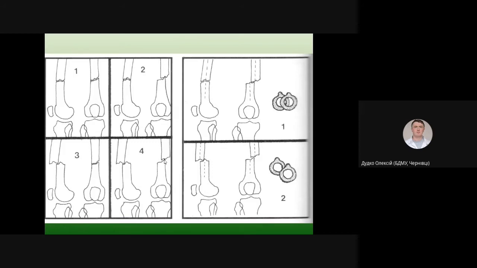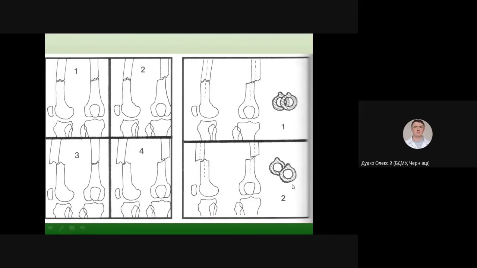As we understand, when we are talking about fractures that are displaced, we should put these bone fragments in their normal place. Then we can consider that the fracture will heal better. On the right part of the picture, we also have two types of displacement. In the upper one, we see that the displacement is partial. So we have the connection between bone fragments and the fracture will heal.